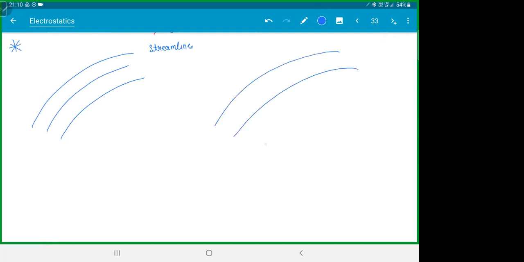Next thing. What is the difference between a field line and a streamline? We have studied streamlines in fluid mechanics, remember? So let's say we have streamlines, and we have field lines.